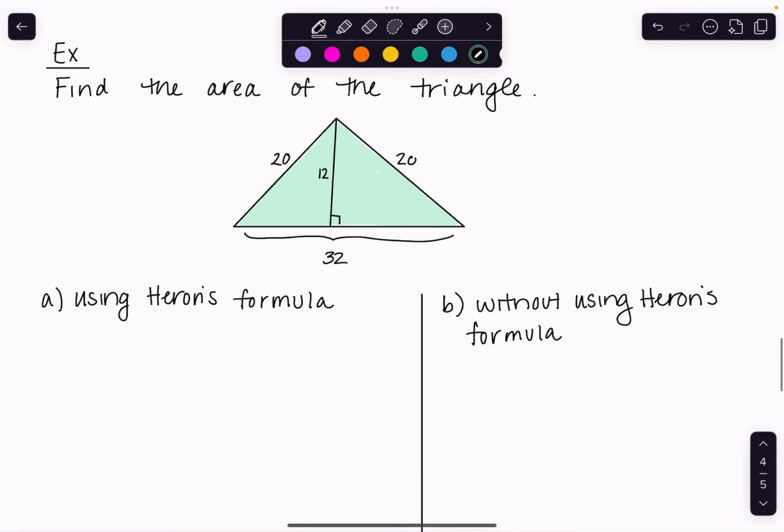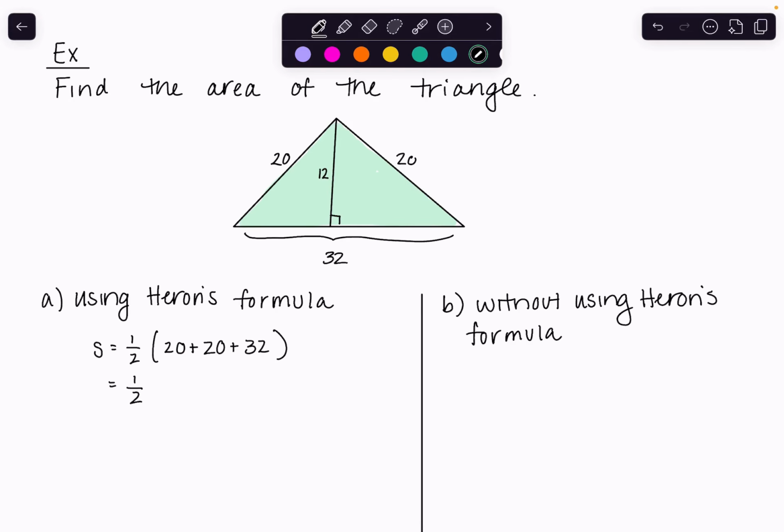It is 1/2 of the perimeter, which is 20 plus 20 plus 32. 20 and 20 is 40, plus 32 is 72. Our semi-perimeter is 36.